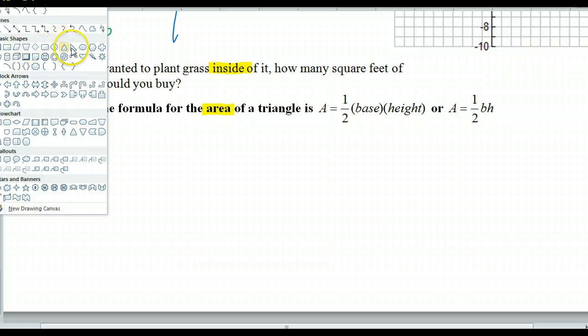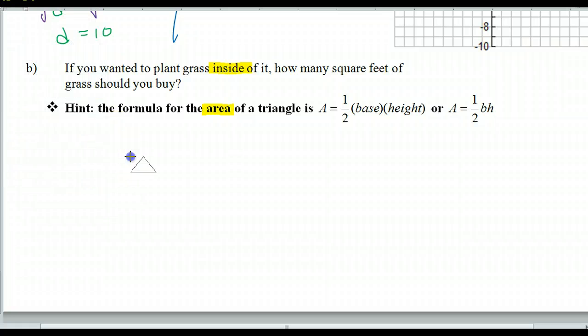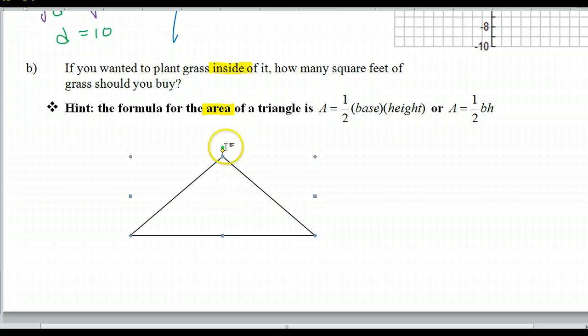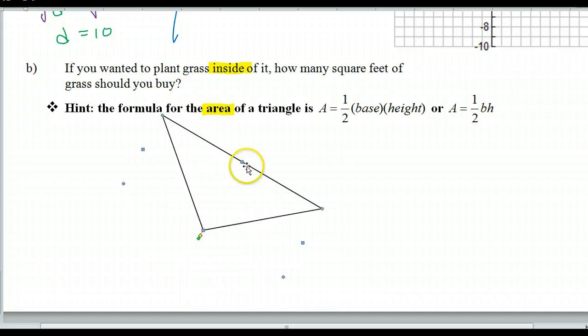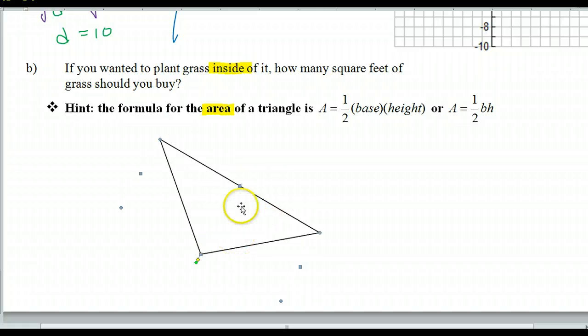Say if I have this triangle, let me draw this triangle again. Say if I have this triangle, but say the triangle is turned like this. Okay, so here's my triangle. Any one of these three sides could be considered the base.